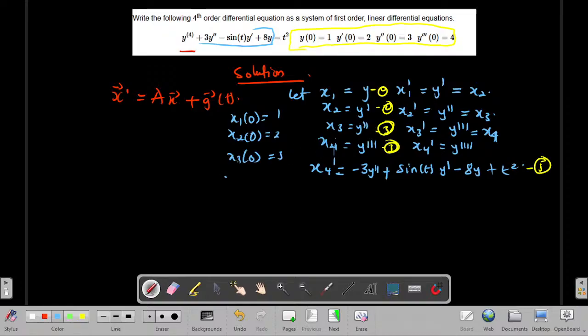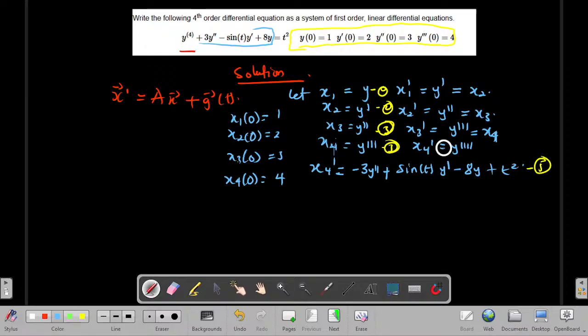And finally, x4 of 0 will be equal to 4 because x4 here represents what? The third derivative as we have here. So we also count this as a different equation, but this corresponds to this. So all these equations will correspond to what? This, ideally. Okay, good. So now we have these pieces of equations.